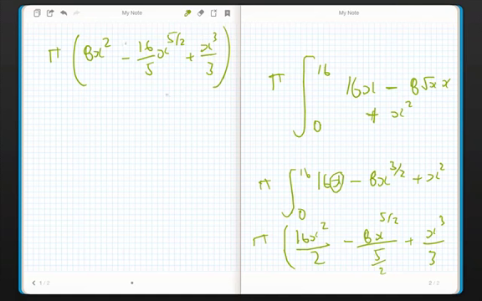And this is our integration, and we have to do it for x equal to 16 and x equal to 0. x equal to 0 is quite simple, it's 0.